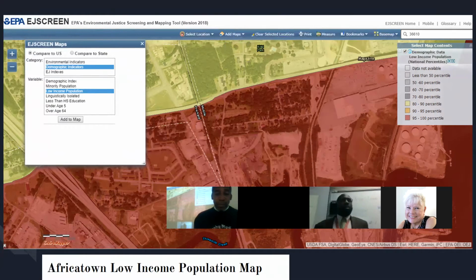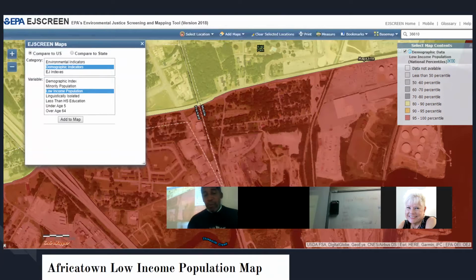That low income population percentage is an indicator of vulnerability. So we do know that when we do vulnerability assessment, income is a variable that we take into account, and we can clearly see that perhaps this Africatown population might have some vulnerability due to low income.